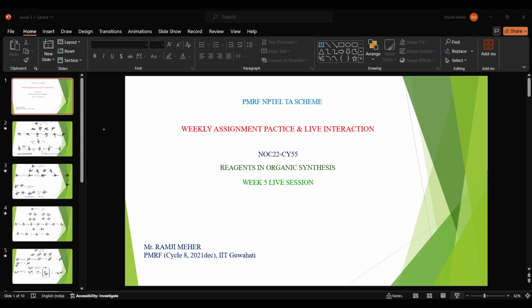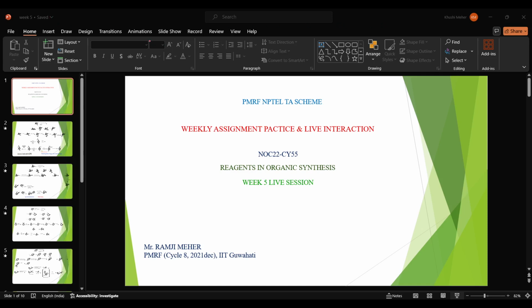We take the magnesium in a Schlenk tube, since the reaction is generally performed in a Schlenk tube to avoid moisture and air, because Grignard reagents are quenched by moisture.